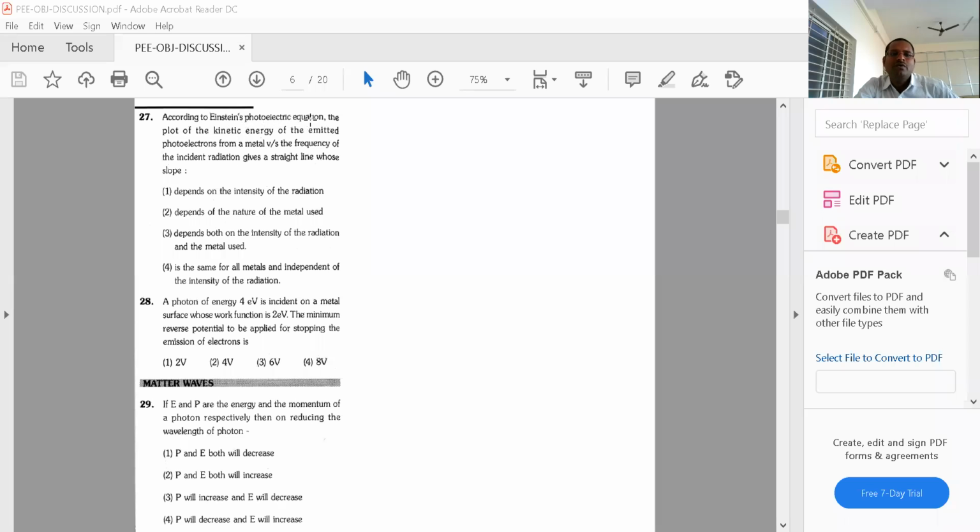According to Einstein photoelectric equation, the plot of kinetic energy of emitted photoelectrons from a metal versus frequency of incident radiation gives a straight line whose slope is what? Just now we have drawn kinetic energy versus frequency.